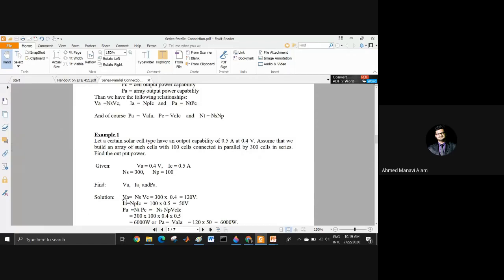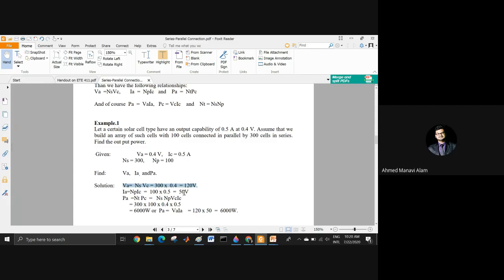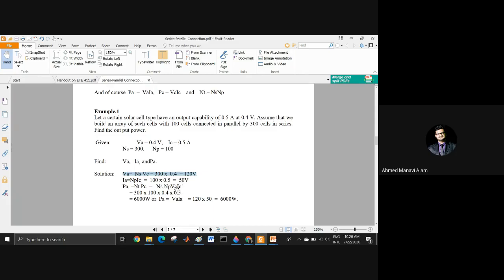So what will be the total array voltage? This is my array voltage, ns into Vc. If you don't use the formula there is no problem, go by your intuition. I'm again saying, you don't need to use any formulas here.